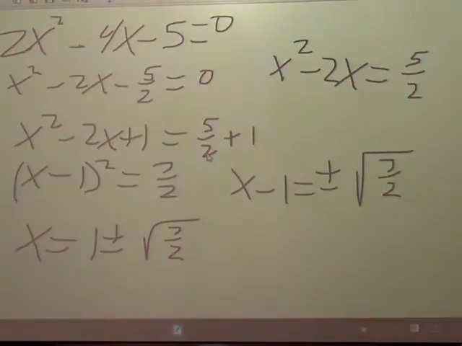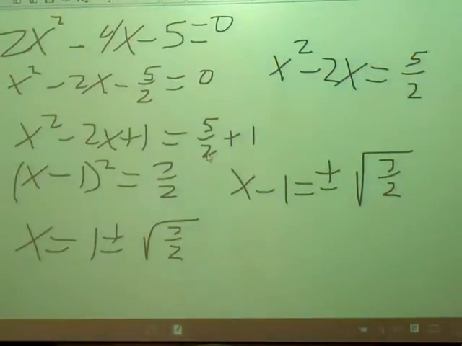Now, square root of 7/2. You just said we can't have a square root on the bottom. What would I multiply by to get rid of a square root of 2 on the bottom? What cancels out a square root of 2?